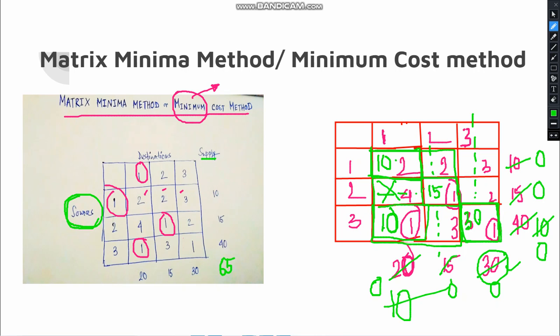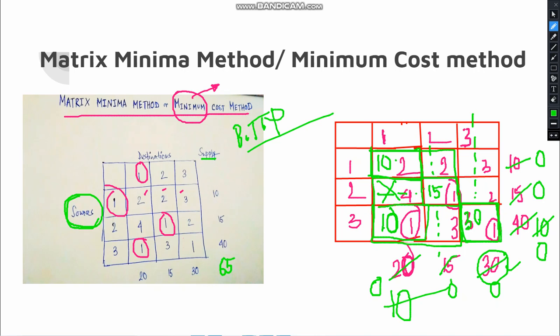We can apply northwest corner rule, we can apply matrix minimum method, we can apply VAM, whatever. But we have to apply this for a balanced transportation problem. For an unbalanced transportation problem, this is not so easy. We have to first make it somehow balanced, then we can apply these algorithms.